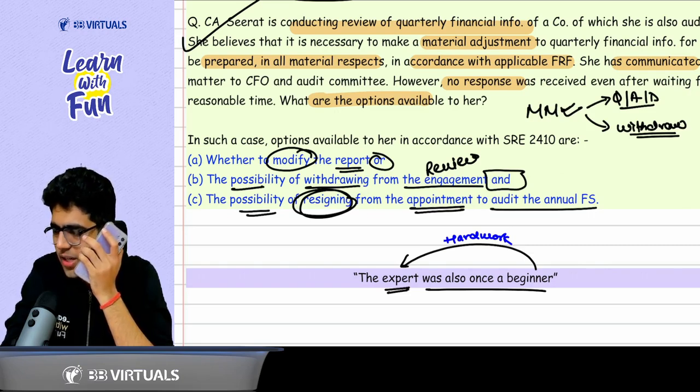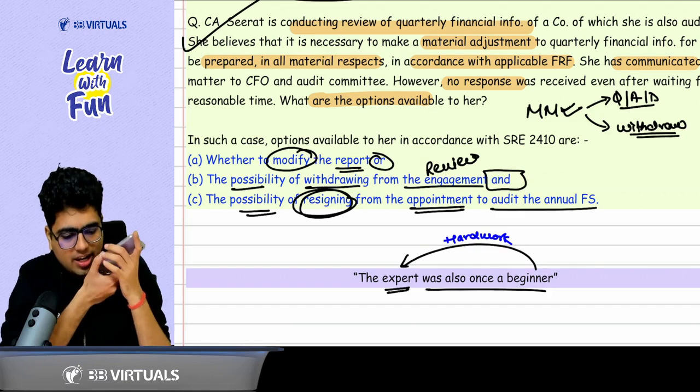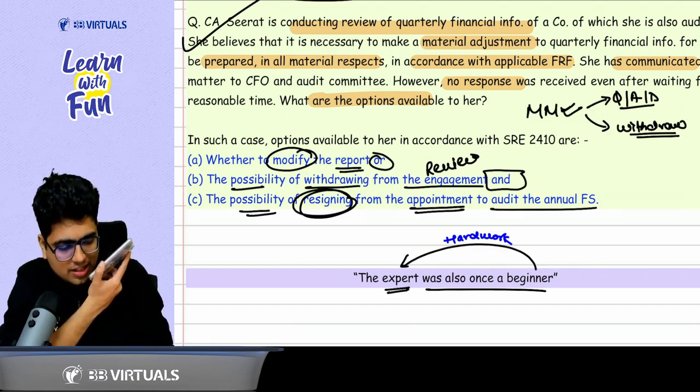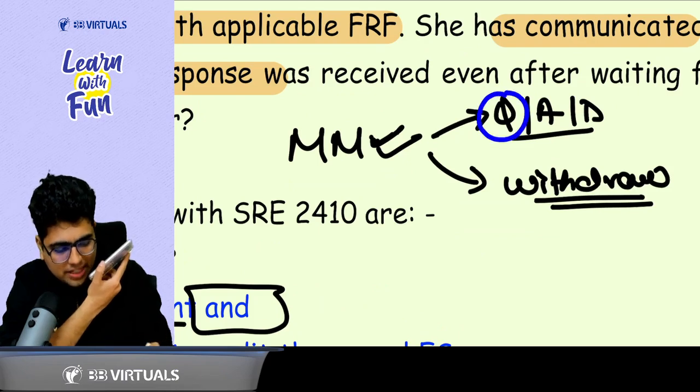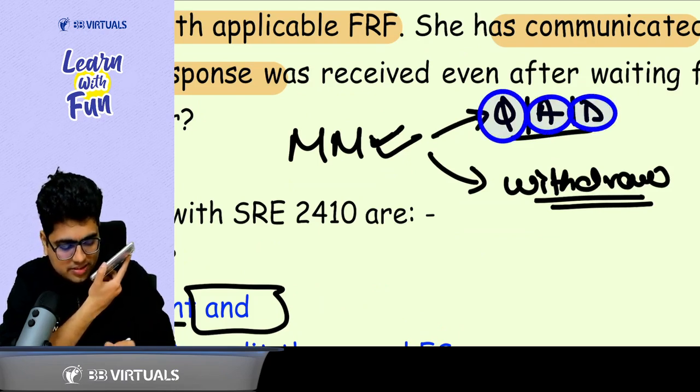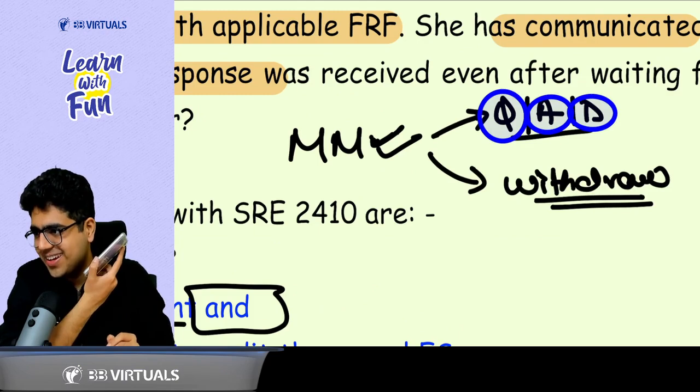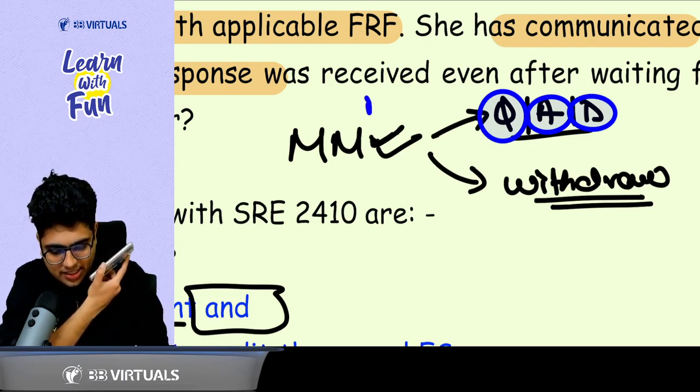Okay, then why, sir? But here you don't know whether the impact will be material or pervasive. Do you know the impact is material? It is material, we know. But do we know it is pervasive or not?